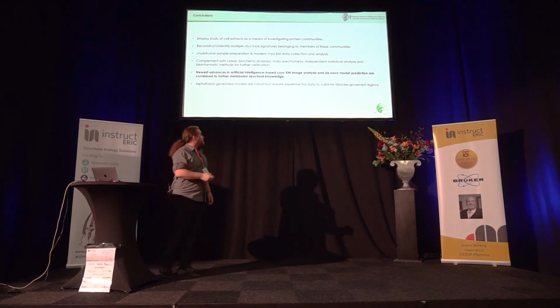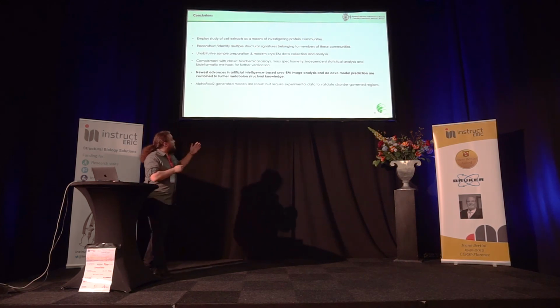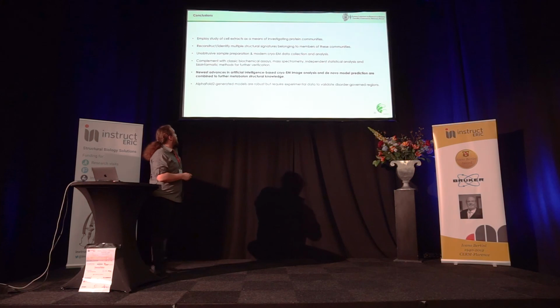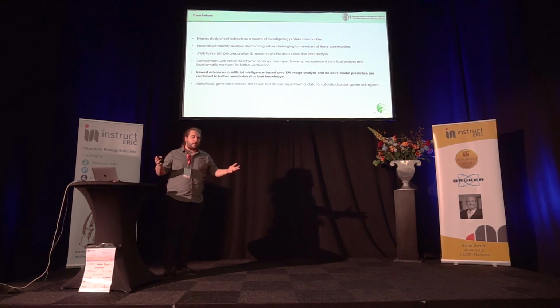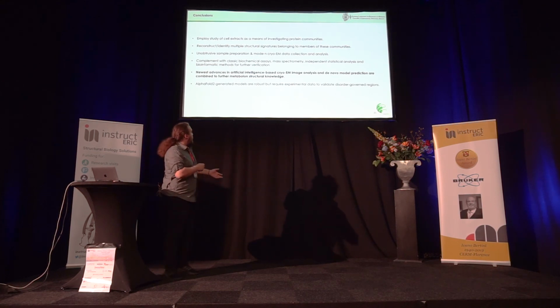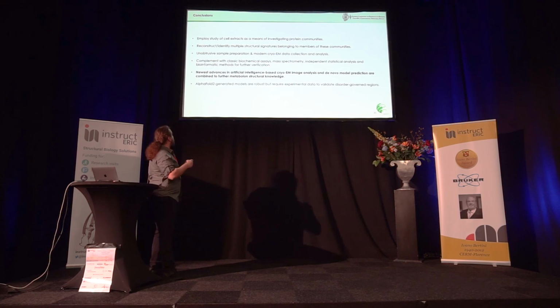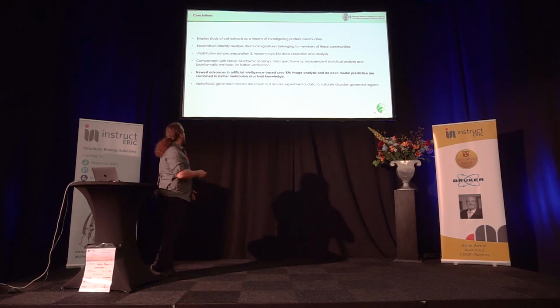So, to conclude, we employed cell extracts to investigate protein community members, and we could reconstruct and identify 4 different signatures that belong to members of the communities. We used as unobtrusive sample preparation as we possibly could, and Cryo-EM data collection and modeling schemes. We complemented these with biochemical assays, mass spec, statistical analysis, and other bioinformatic methods to validate our results.